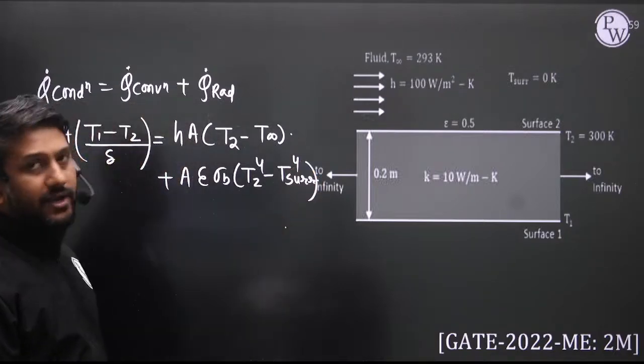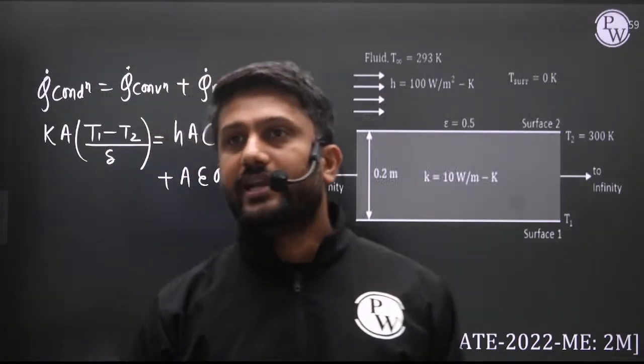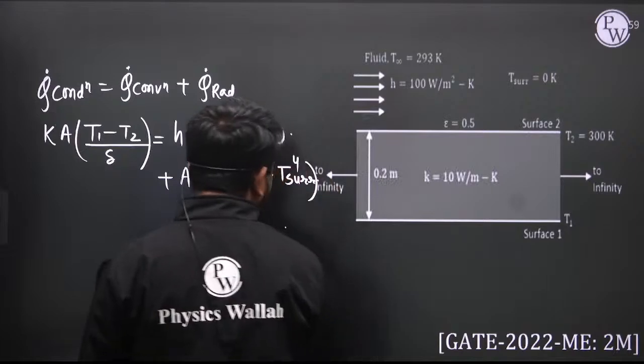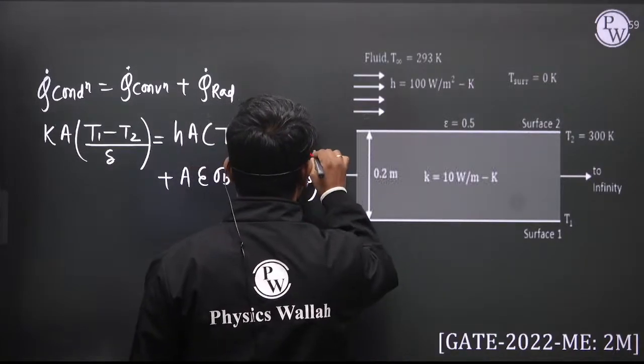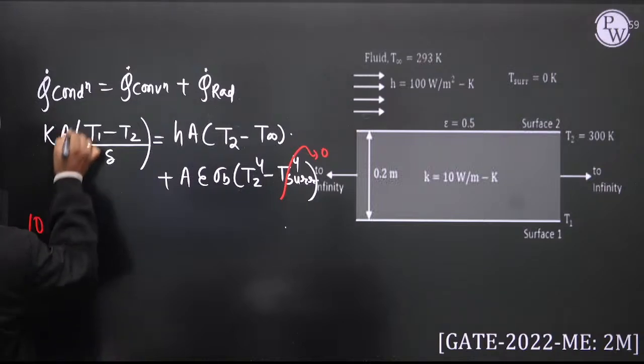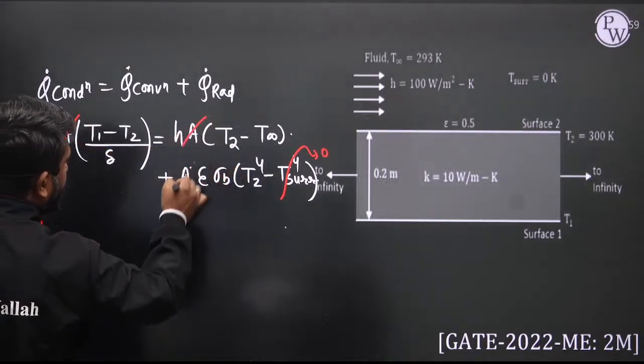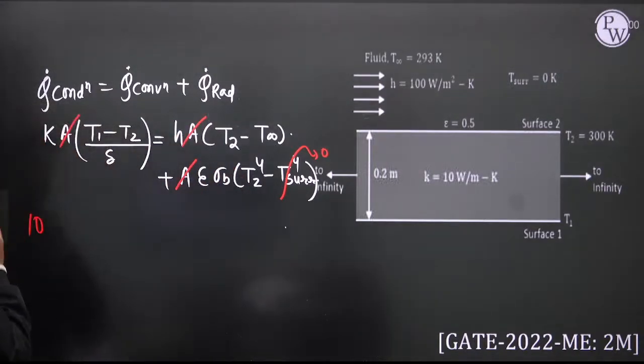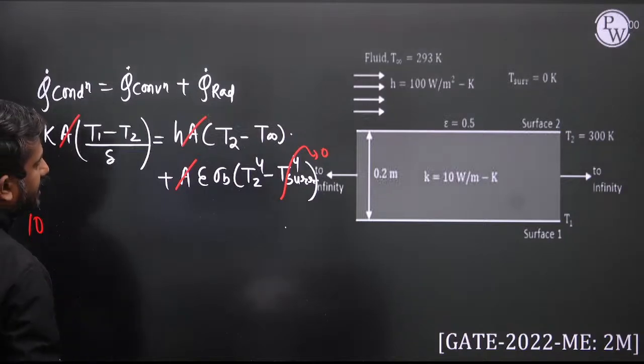Surrounding temperature is 0 Kelvin, so this is 0. Now see, thermal conductivity is given 10. Area responsible for the conduction, the convection, and the radiation is the same.